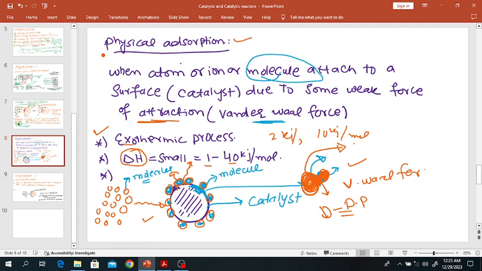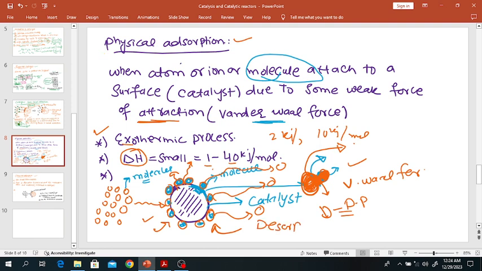For example, when we increase the temperature of this process, then these attached molecules will detach. They will be removed from the solid surface, and such type of process is called desorption.